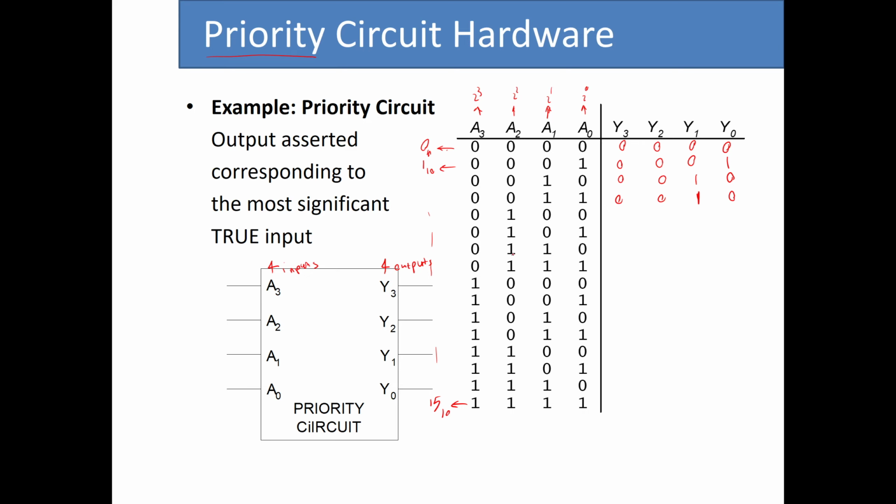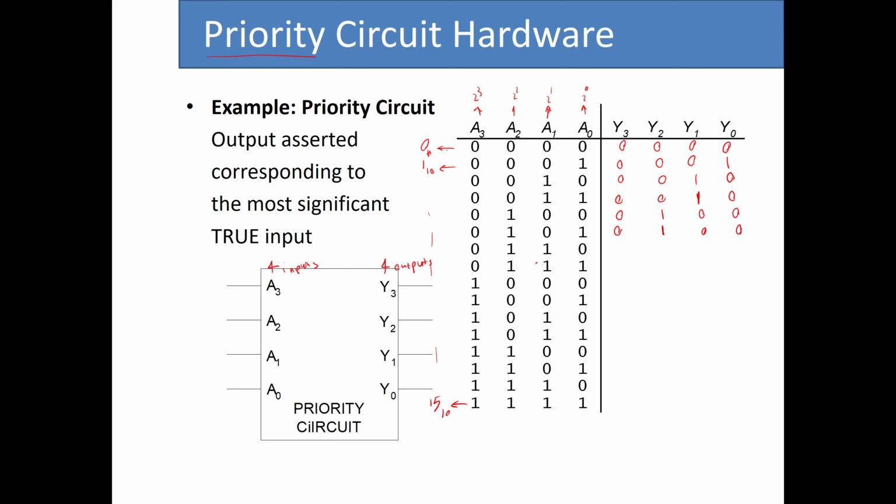Let's repeat this for the next row. For the next row, we have Y2 to be 1 based on the previous discussion. For the row after that, we have A2 and A0 to be 1, but since A2 has higher priority than A0, only Y2 is 1. The same is true for the next row as well.